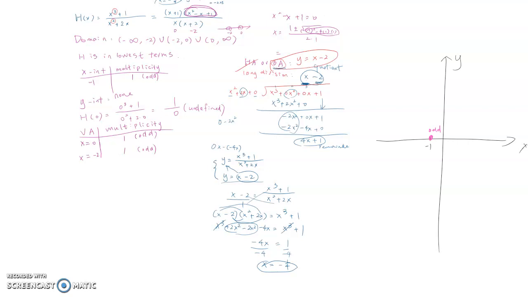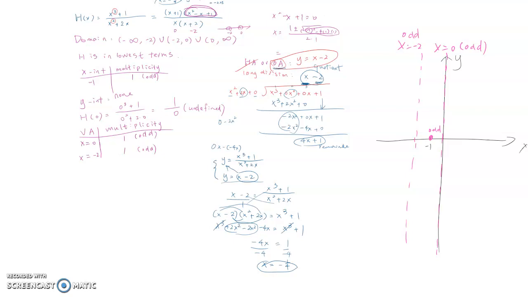We have two vertical asymptotes. One is at x equals 0. We have a vertical asymptote there. The multiplicity is odd. The other one is x equals negative 2. It's over here. The multiplicity is also odd there.